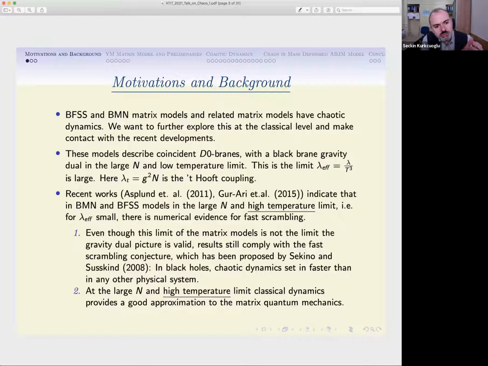But in string theory, there are not only strings. There are also D-branes. D-branes are other objects in string theory which have their own dynamics, their own Lagrangians and everything that describe their dynamics.